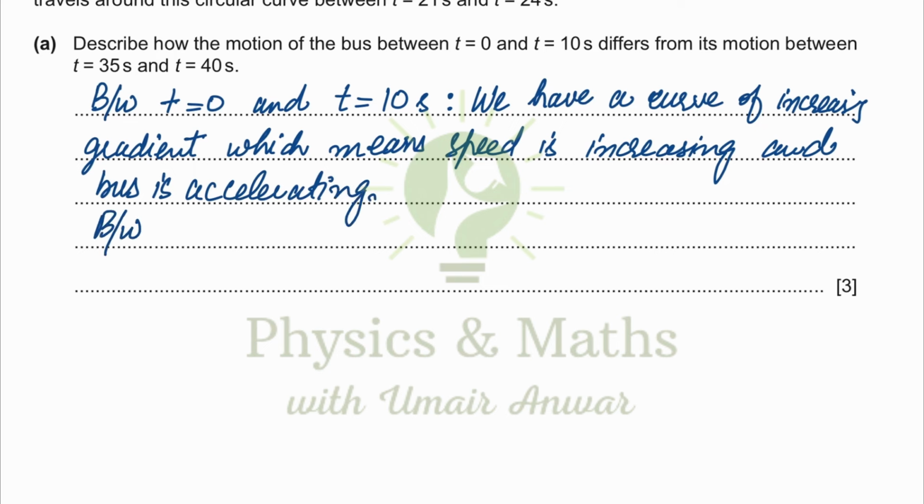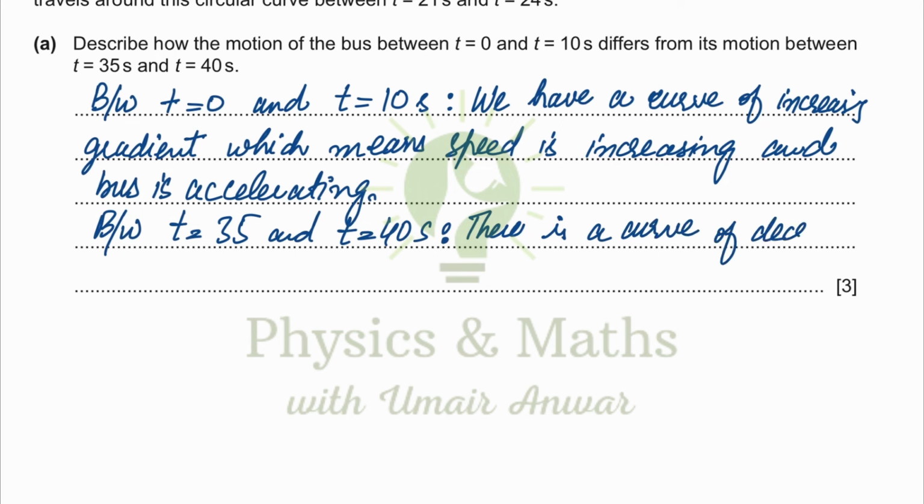Between t is equal to 35 and t is equal to 40 seconds, there is a curve of decreasing gradient.